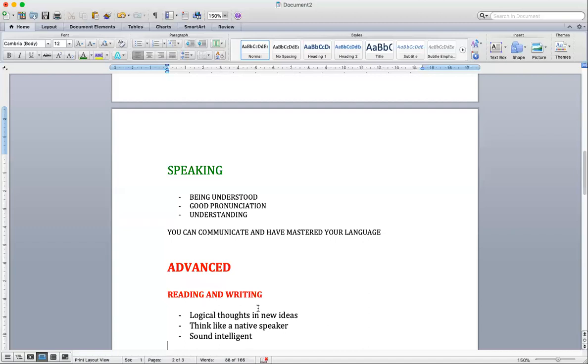As you keep reading, you will be able to communicate in the same manner, and you will be able to write like a native speaker, or think with new ideas, so that when readers read it, it should be clearly understood. So reading and writing is an advanced skill which will help you to make your speaking skills much better.